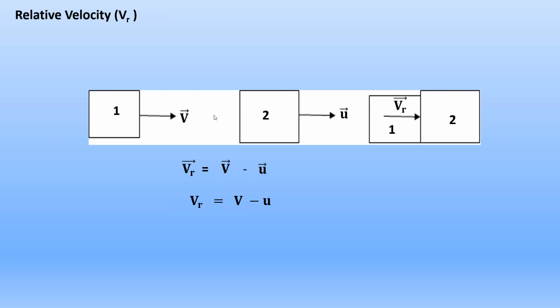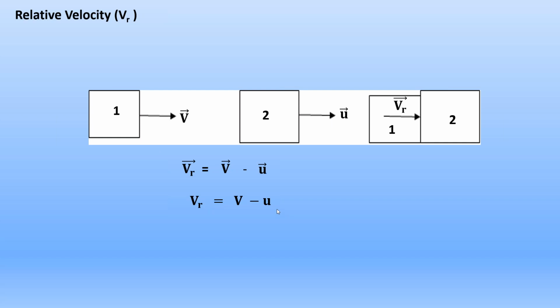Then the magnitude of the relative velocity, VR, is equal to V minus U, where V is the magnitude of the absolute velocity V bar and U is the magnitude of the absolute velocity U bar.